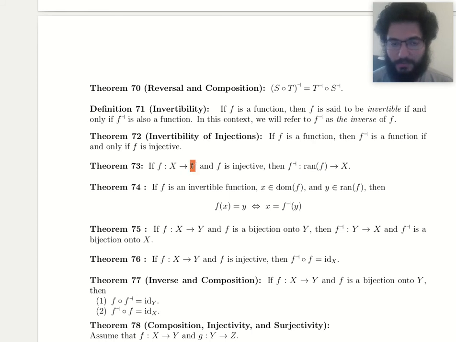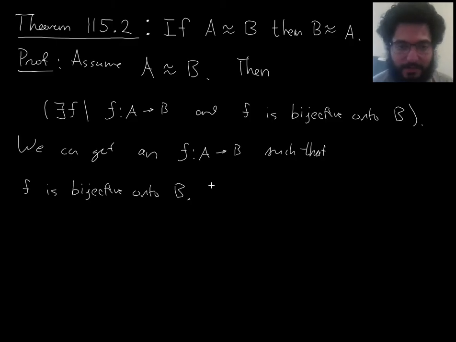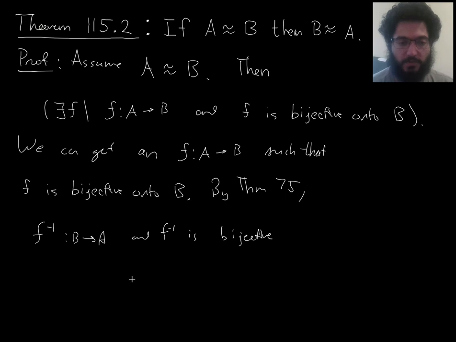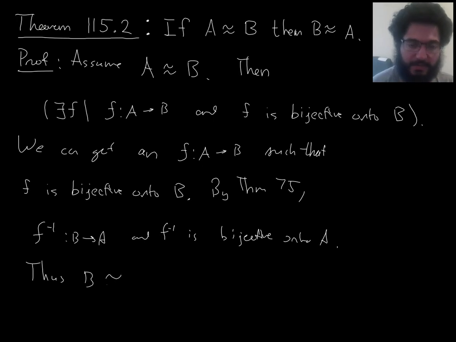You don't quite get the original codomain sitting in here as the domain. But for bijection, it does. So Theorem 75 basically says what we want. By Theorem 75, F inverse maps B to A, and F inverse is bijective onto A. So thus, and now this is the existential generalization, we have found a function mapping B to A, which is bijective onto A. So we have proven this.